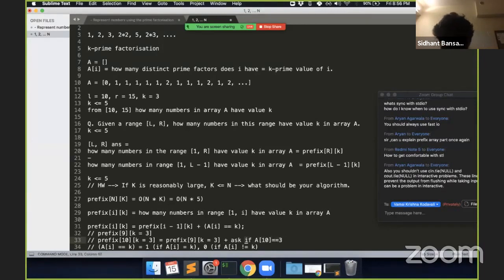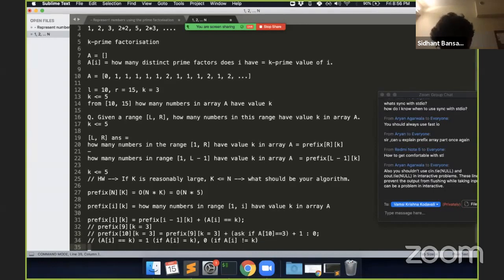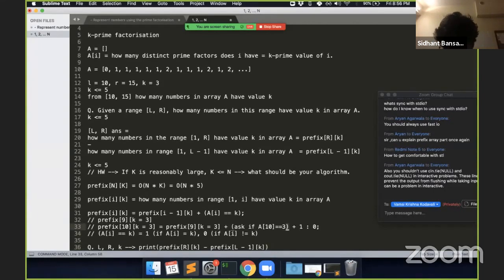If A10 is indeed 3, then you add a +1. Otherwise, you add a 0. If A10 is 3, you add a +1 because the answer from prefix 9, plus this new element we found at 10, which also hits. But if it's not a 3, then you just don't add anything. That's why we have this thing.